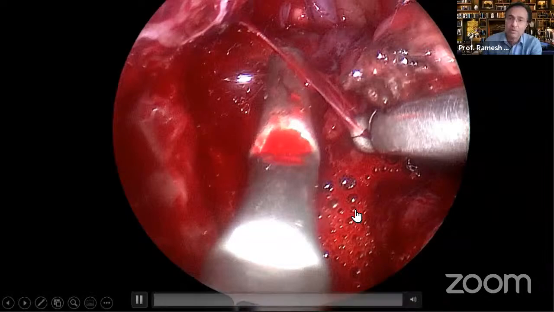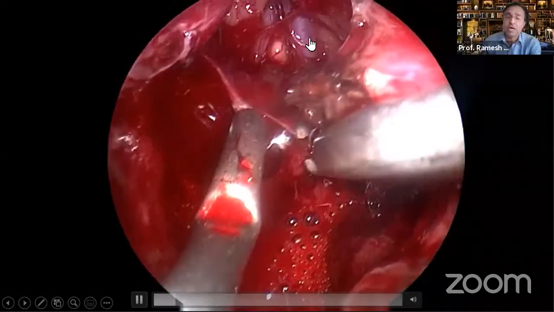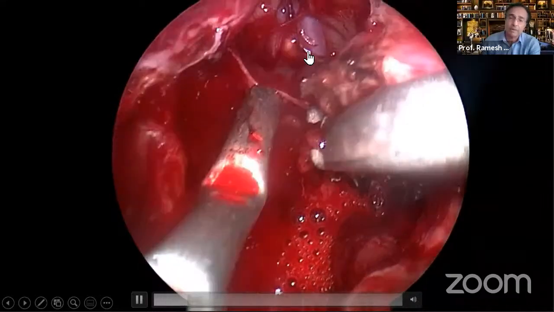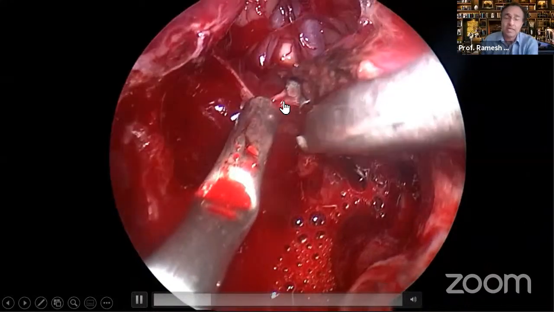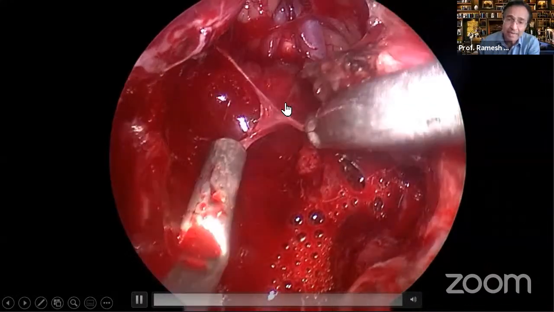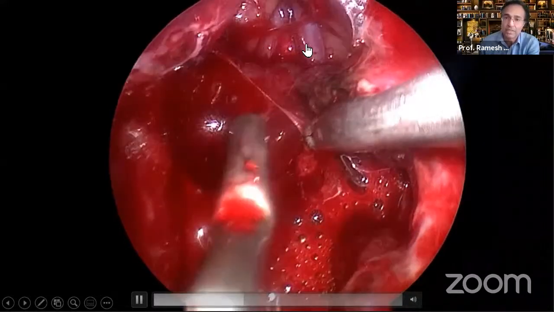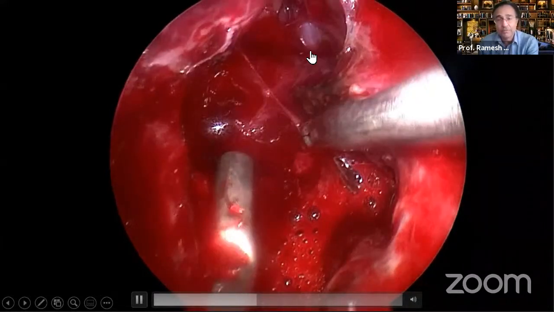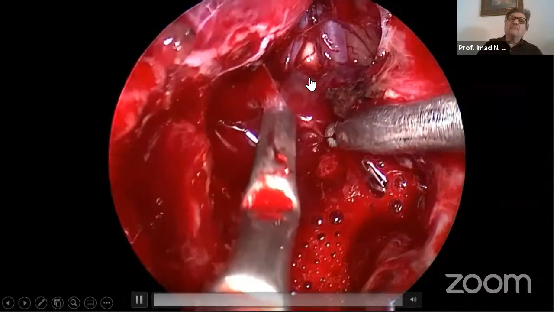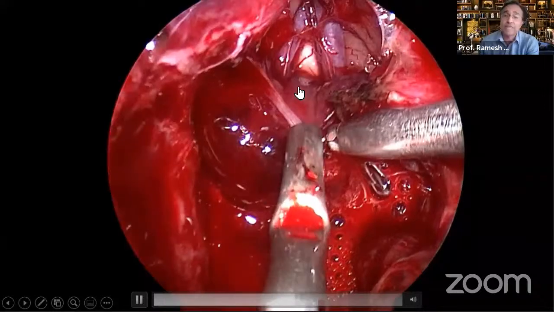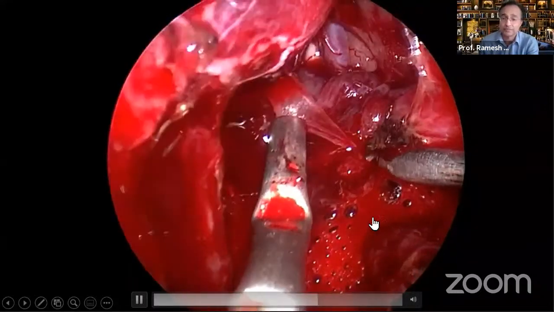And as part of the debulking, you can see the anterior vessels appearing on the upper surface. These are the A2s bilaterally, and there will be a pseudocapsule which is also attached to the arachnoid here. So it's important to make sure that these perforators are preserved and not damaged by trying to peel the arachnoid off these vessels.